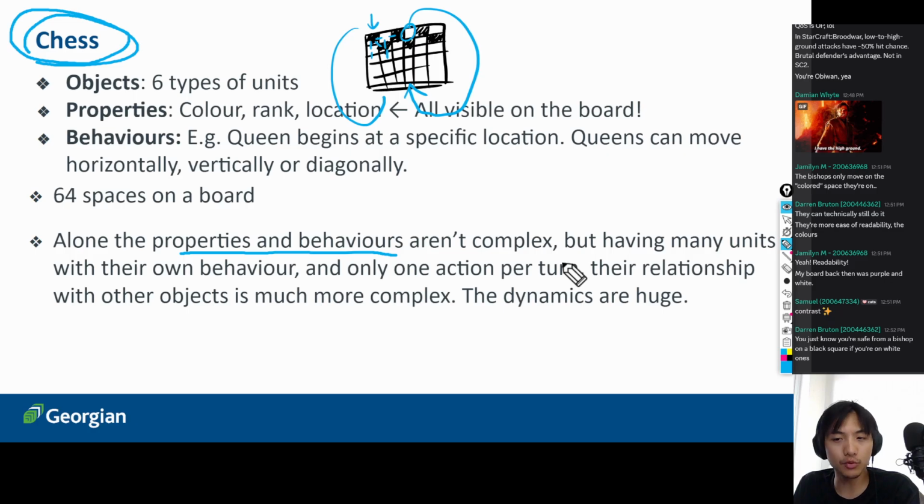There's so much going on in chess in terms of dynamics, even though it has very little in terms of mechanics, which is quite amazing. It's all about the relationships between the objects and their positioning. And the fact that you can only move one piece at a time actually is really good for the game. The fact that you can only do one action per turn makes a lot of interesting dynamics happen. Sometimes less is more.